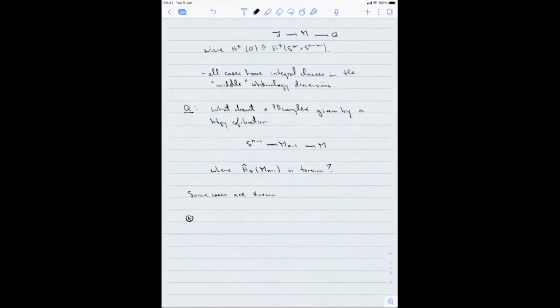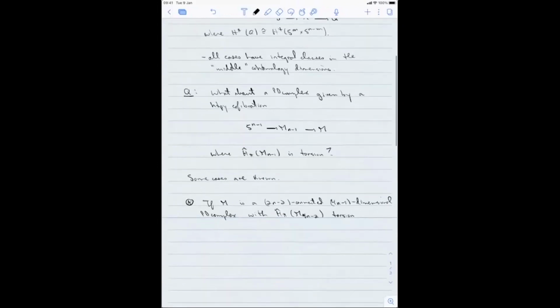One is if M is a 2n-2 connected, 4n-1 dimensional Poincaré duality complex, and I'll repeat, with this 4n-2 skeleton having torsion in homology.